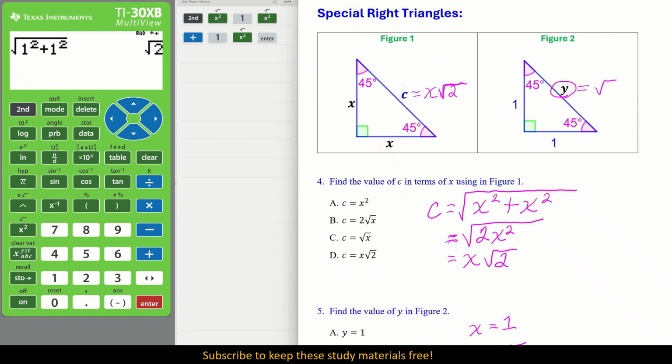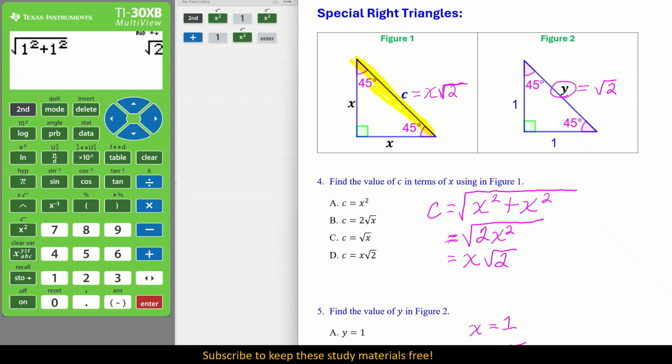Y equals the square root of 2 because the legs are equal to 1. If the legs are anything else other than 1, then they have to be multiplied by the square root of 2 to get your hypotenuse. Okay? It's just something that you need to recognize when you have the special isosceles right triangle.